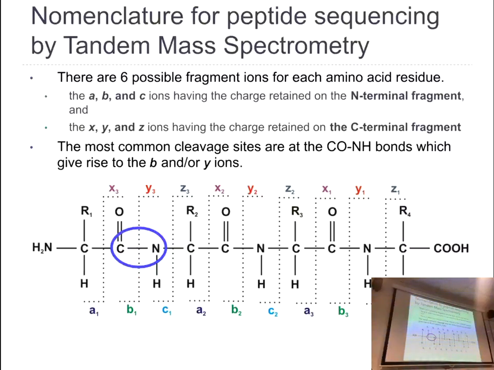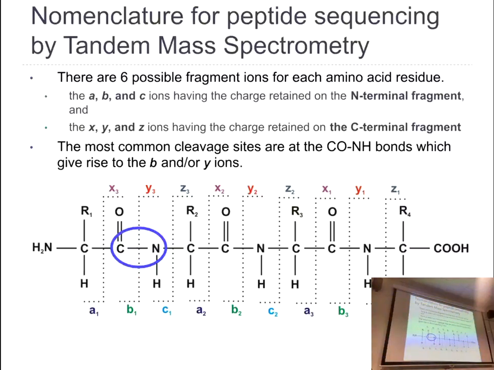Okay. Now, where does it get a bit complicated? And this is why we're going to spend the rest of the lecture helping you with this. Where it gets complicated is that, what did I tell you? I told you that sometimes you'll retain the charge here, so you'll fragment here, but sometimes you're here. So here you're going to get the Y1 ion, yeah?